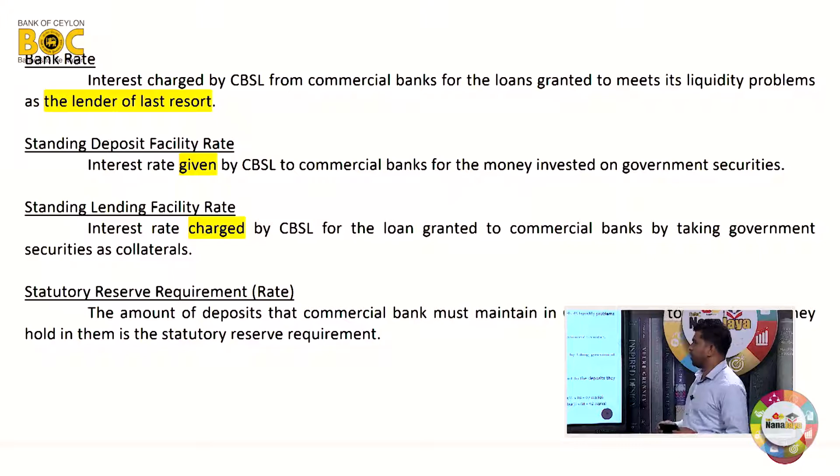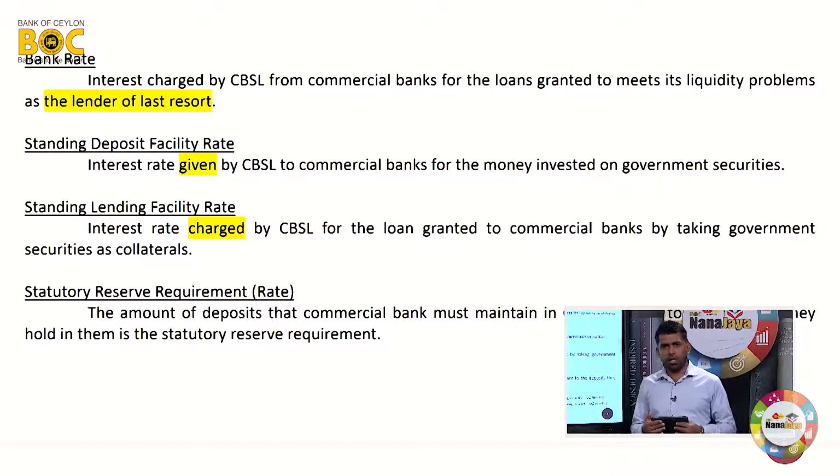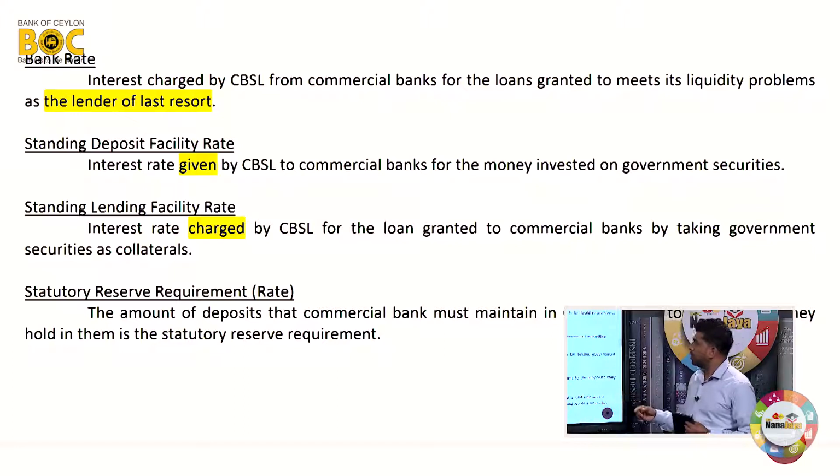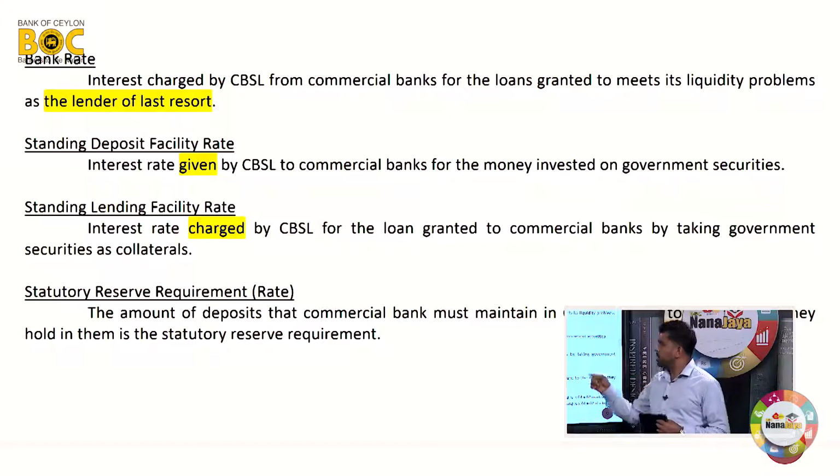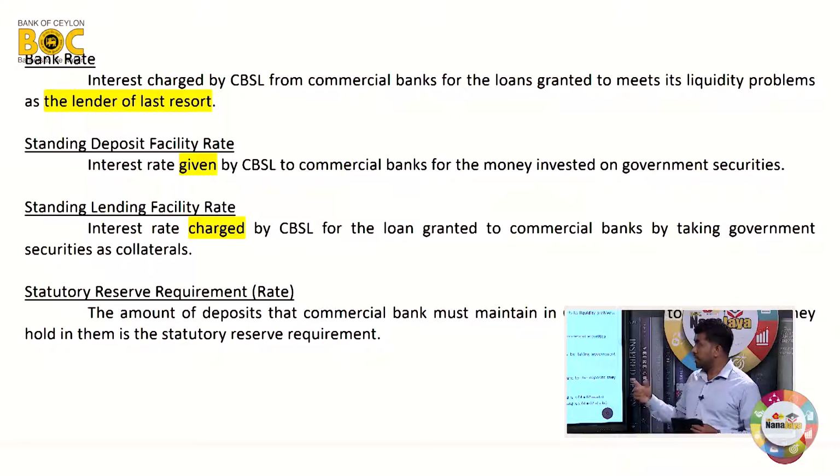Standing deposit facility rate. This is the interest rate given by CBSL to commercial banks for the money deposited, or money invested in government securities or securities issued by CBSL, which commercial banks purchase. On that investment, CBSL gives this rate.